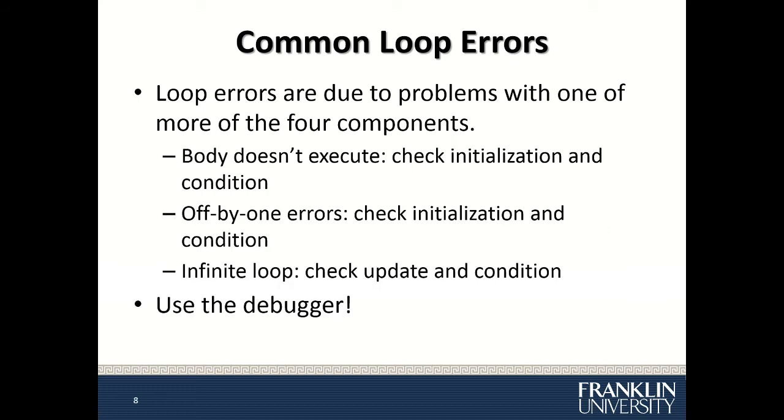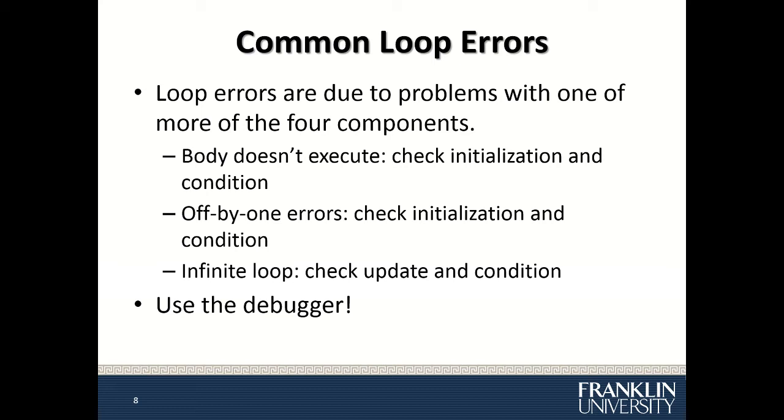So loop errors are due to a problem with one of the four components of a loop. Off by one error is probably the most common error that I see. I still make the mistake, so do not feel bad if you make the mistake. Even seasoned programmers make those types of mistakes a lot.